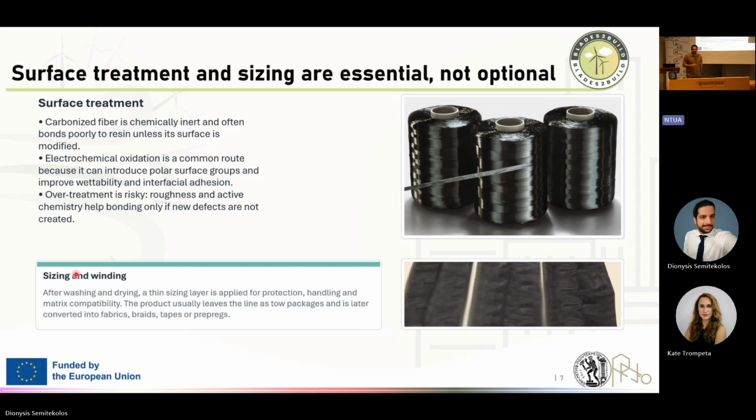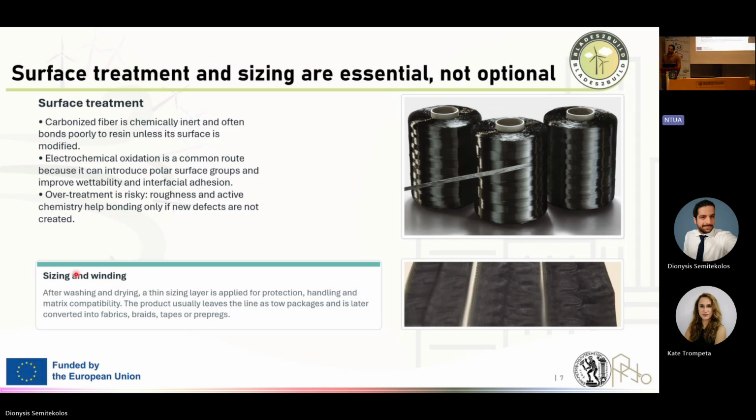But at the research level, this binding agent, which is a form of coating, let's say a polymer, can also generate covalent bonds with the resins. There's also research taking place there, since it's the external layer of the carbon fiber. We can modify it.